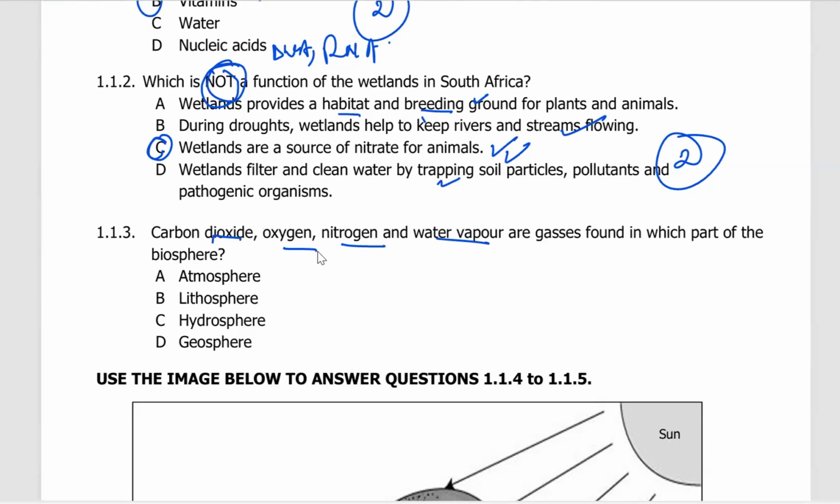So the answer is atmosphere, because they're looking at gas, which means atmosphere. The options are lithosphere, hydrosphere, geosphere. They're looking at air, which means atmosphere, because carbon dioxide is air, oxygen is air, nitrogen is a gas, and vapor is also a gas. So the most correct answer there is A.